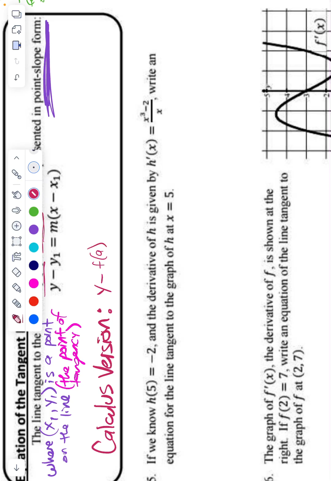Remember, y1, the point that we're talking about, is f of a. The slope is f prime of a. What does f prime mean? The derivative. That's the derivative of the function evaluated at a, times x minus a.